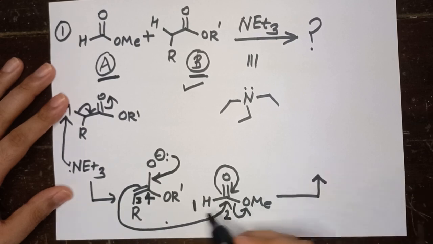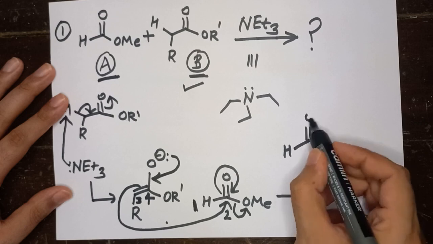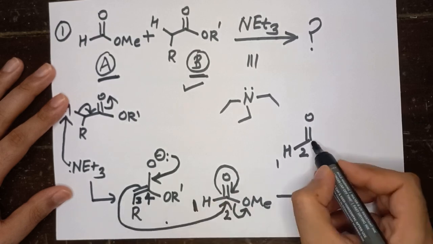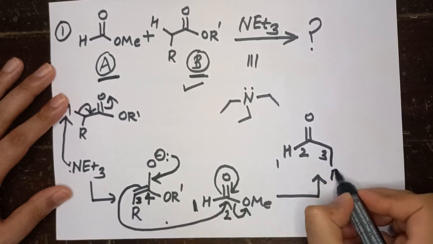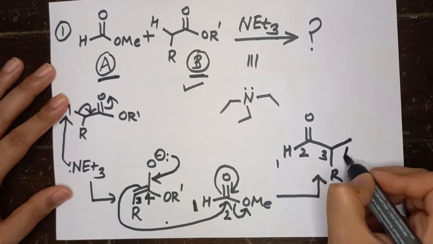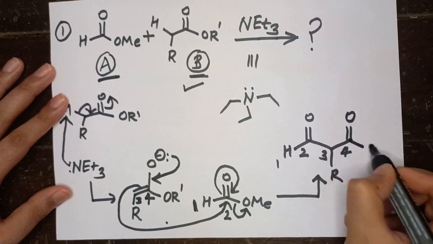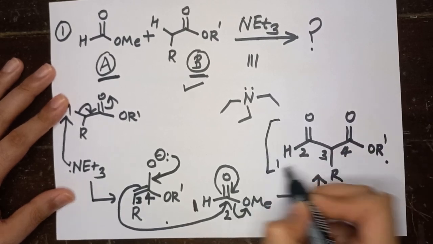So the product is going to be, from 1 I am starting, 1, 2, 2 is now attached to 3, 3 has this R group and is attached to 4, and 4 has this ester group. So this is the product of this reaction.